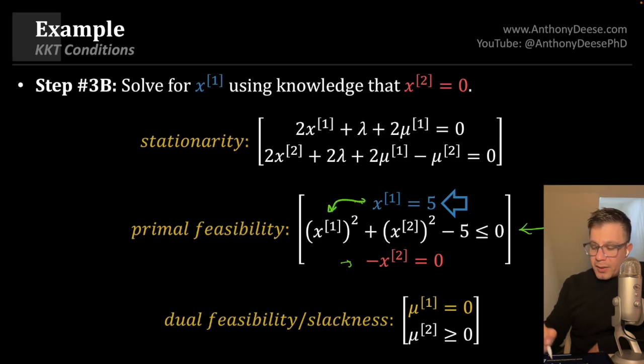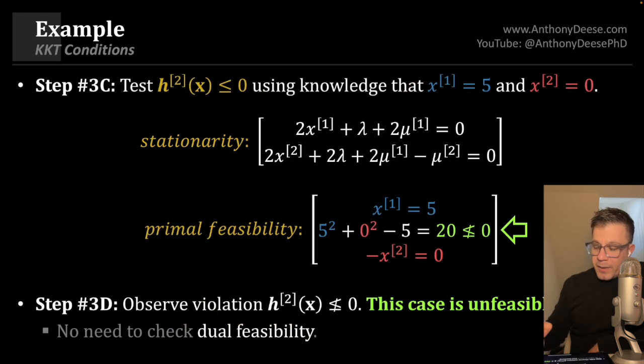So let's go ahead and plug this in here and plug this in here. And what we end up with is 5 squared minus 5. 25 minus 5 is equal to 20, which is not less than 0. And so we see that this case is also unfeasible. Now we could go and check dual feasibility as well, but we've already found that there's a violation, so there's no need to do that.